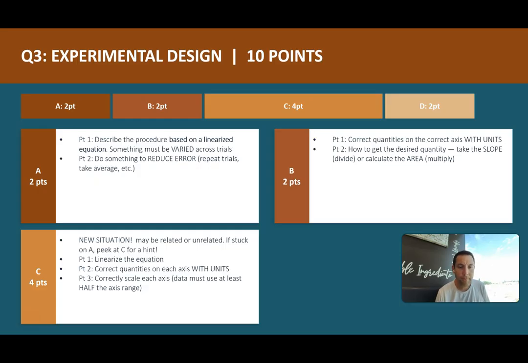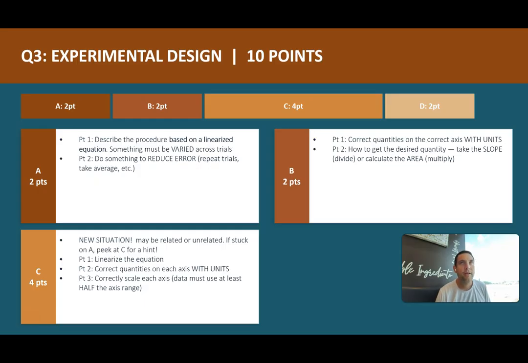For point 3, make sure you have a correct scale. How much is each box worth? You don't have to label each box. You don't have to say 0.2, 0.4, 0.6. You can skip some and just show me where 1 is and where 2 is. That's fine. As long as we're using multiple numbers on each axis, you'll be good.